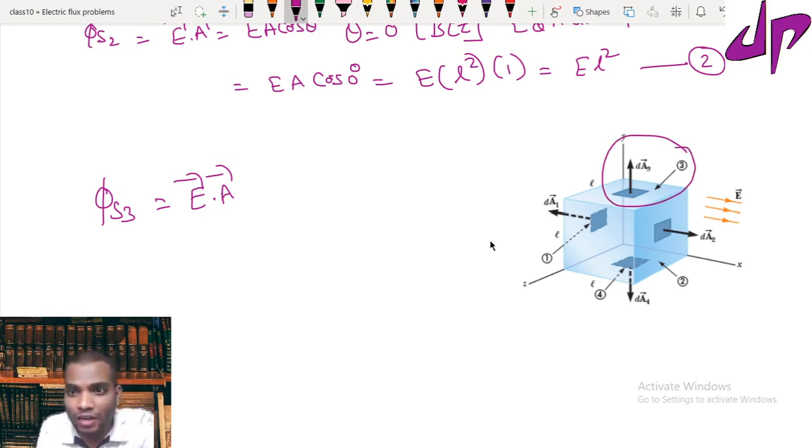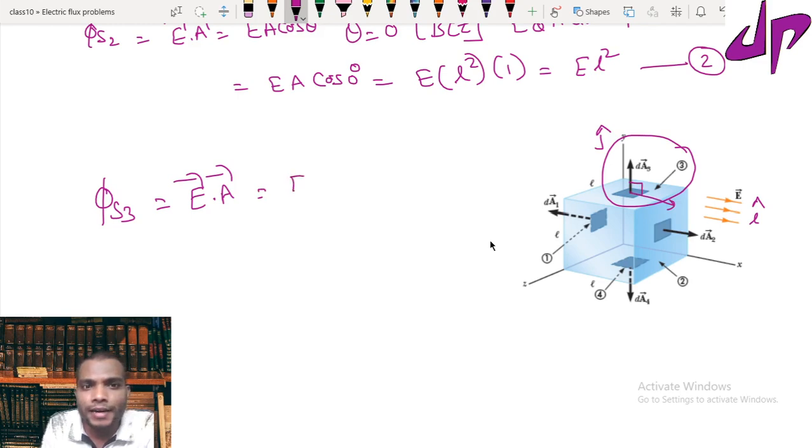Now we need to figure out the angle between the electric field vector and the area vector. The area vector is along the y-axis, j cap, and the electric field vector as usual is along i cap. The angle between the area vector and the electric field vector here is 90 degrees.